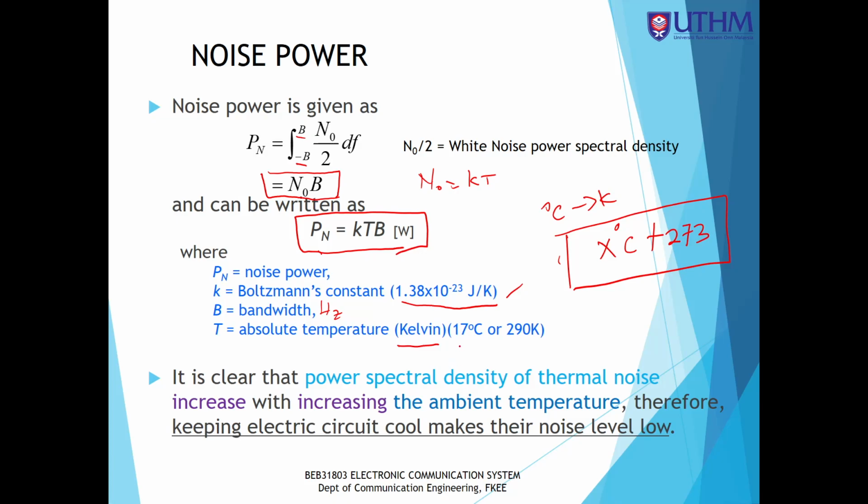For example, 17 degrees Celsius plus 273, you will get 290. 290 of what? Kelvin.